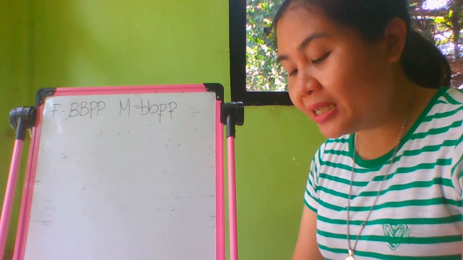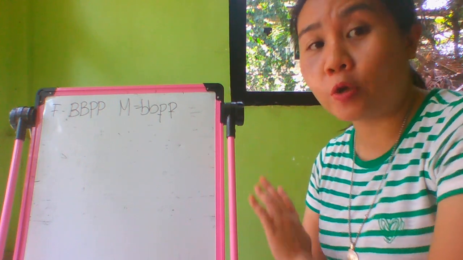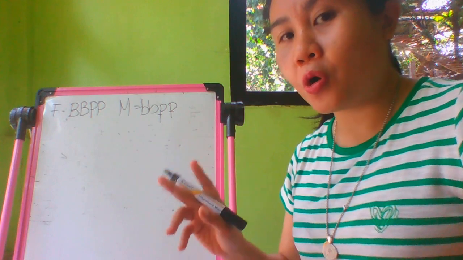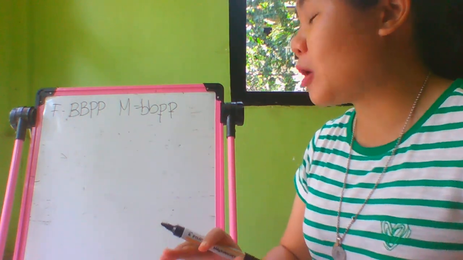So there's independent segregation of genes at different loci. We're going to use the two laws before we solve the Punnett square problem.